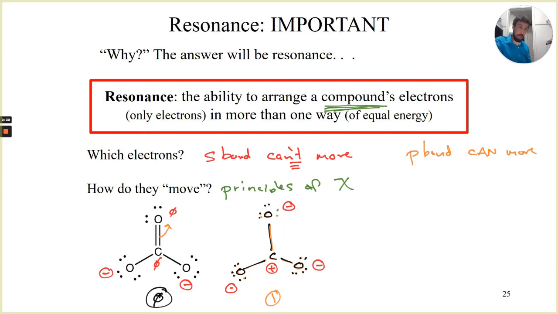Could we have moved a different pair? And if we move that different pair, what ends up happening? Do we get the same atom connectivity? Yes.